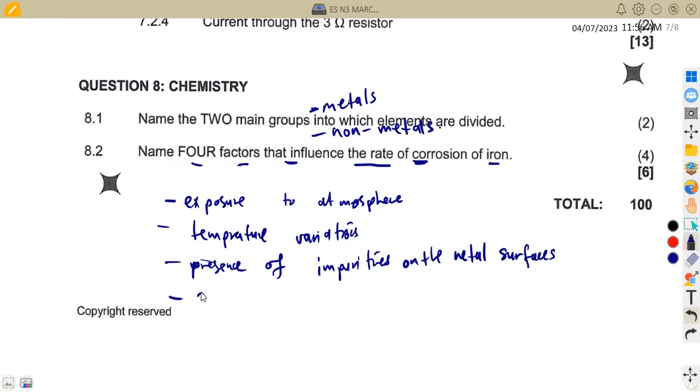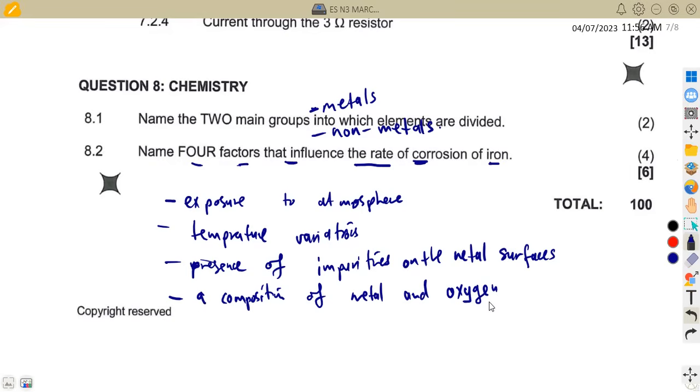Then also a combination of metal and oxygen. It can actually influence the rate of corrosion of iron a lot. So that's what we have, guys.